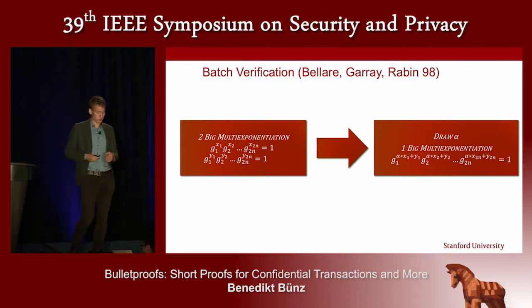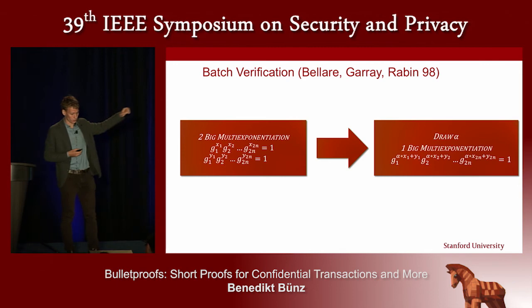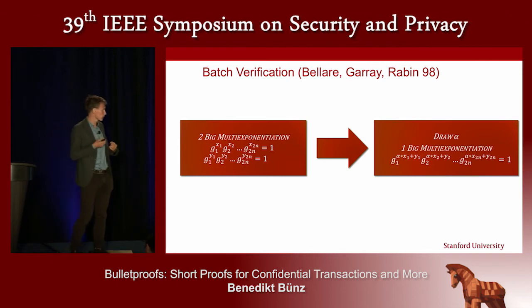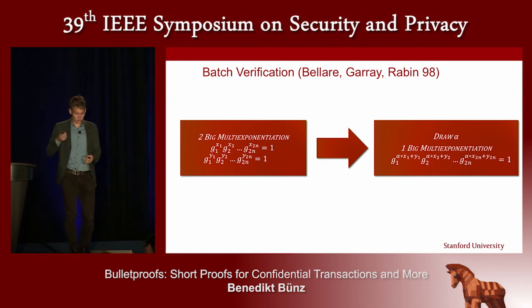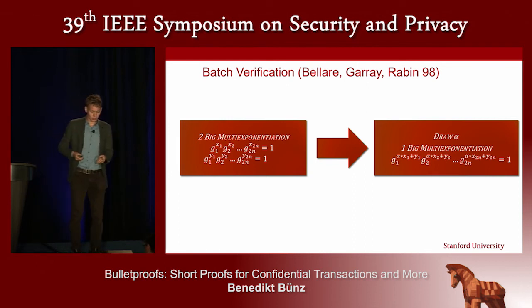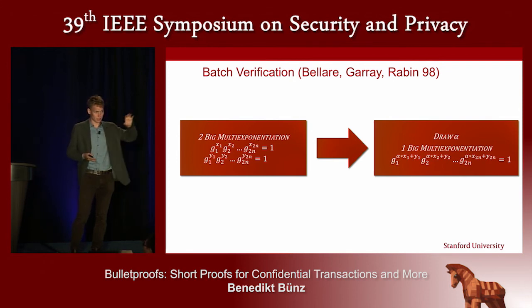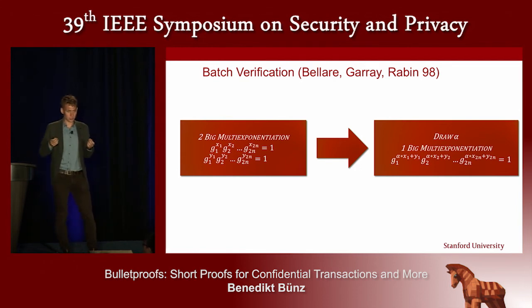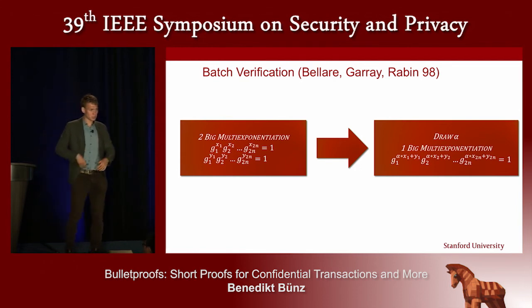Well, say we want to check two proofs, which means we have to check these two different equations. But what we can do is use this old trick called batch verification, to combine these two verifications by just taking a random linear combination of them into one big multi-exponentiation. And because the exponentiation part is a lot more expensive than the scalar operation, this will give us a big win.